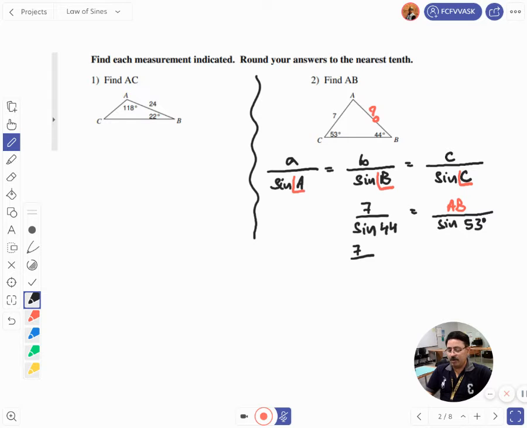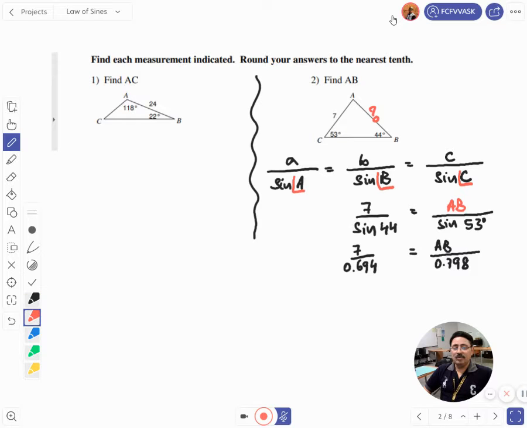Sine 44 is 0.694. You may take two digits after the decimal, but if you want a more accurate value, you may prefer to take 3 digits. So AB over sine 53, which is 0.798.